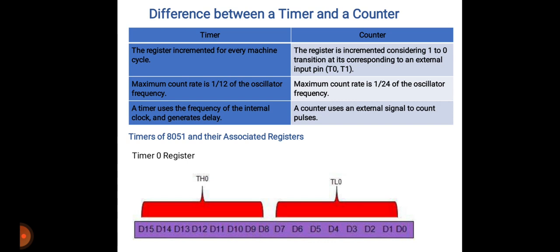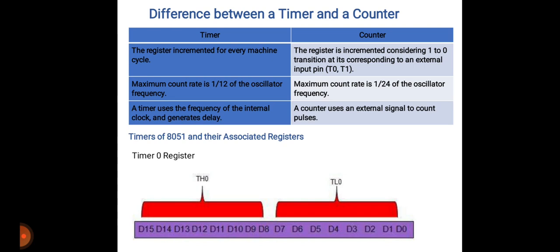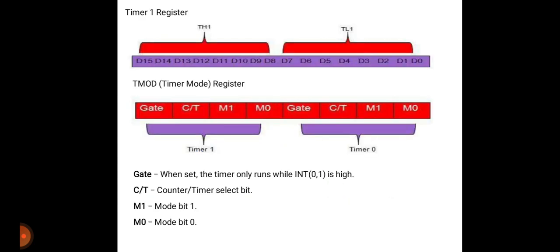For example, there is an instruction MOV TL0, #4H, which moves the value into the lower byte of timer 0. Here you can see TH0 and TL0. TL0 has the 8 bits D0 to D7, and TH0 has again 8 bits, D8 to D15. In this way it is divided.